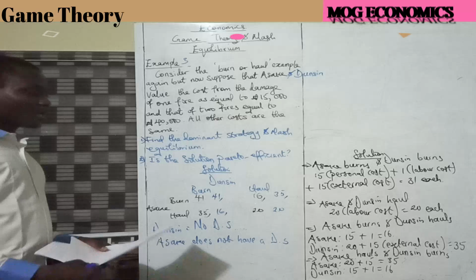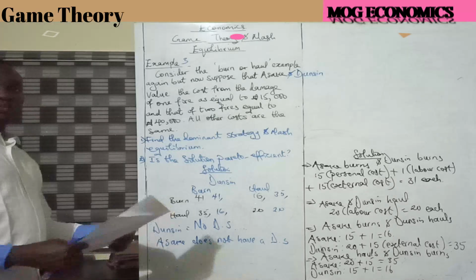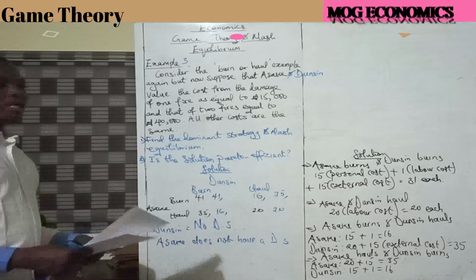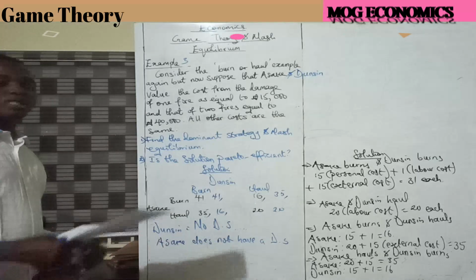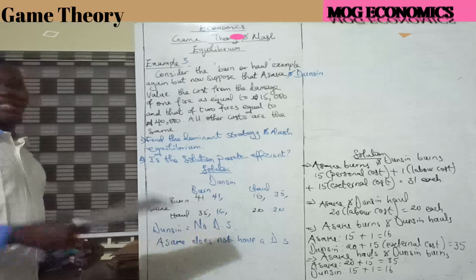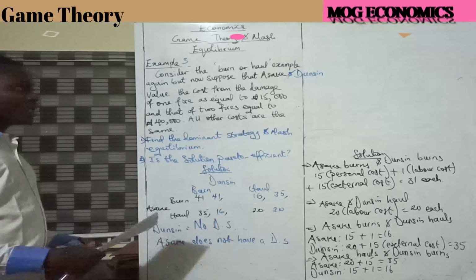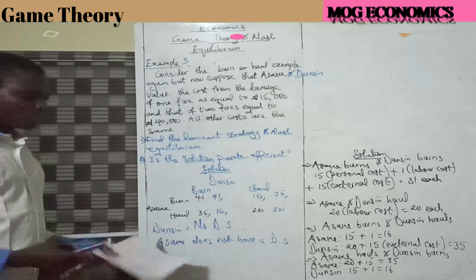Right. So when you have a game like this, where you have more than one Nash equilibrium, and the solution is for one of the players to take one of the strategies and for the other player to take the other strategy, we call the game a coordination game.